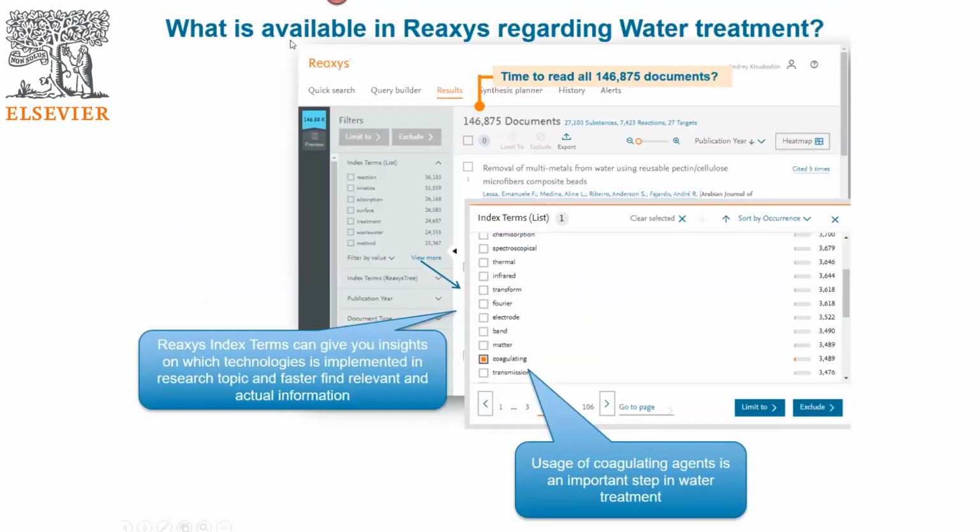From the search results of water treatment, one can find 150,000 documents, and the index terms can be used to assess which approaches are widely used in water treatment. One of them is coagulation, which indeed is known as one of the stages in drinking water treatment.